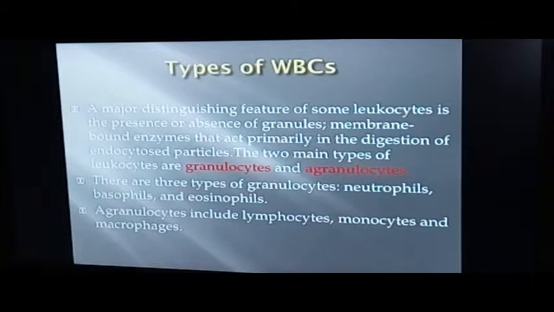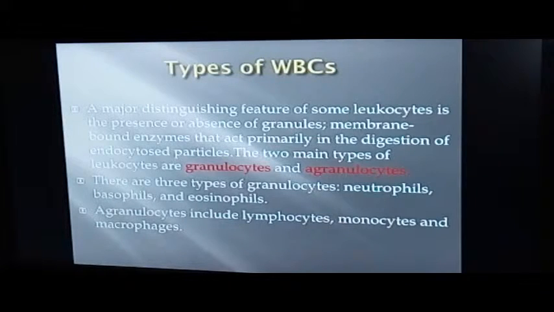So there are different types of white blood cells, or leukocytes. And what makes them different is the lack of something on the membrane of their cell. And that's called a granule. Some white blood cells have granules, so they are called granulocytes.